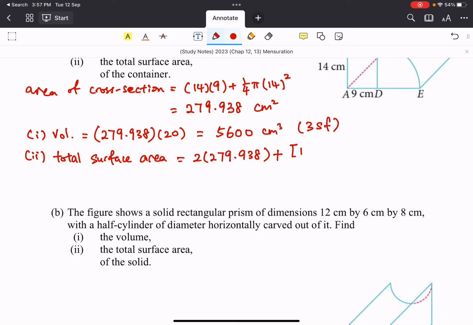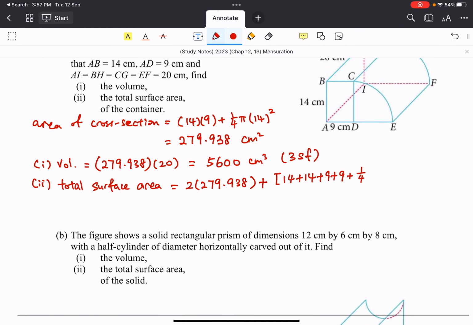The perimeter, 14 plus 14 plus 9 plus 9, that's the perimeter. And of course, we have a quarter of the circumference, so a quarter of 2 pi 14.